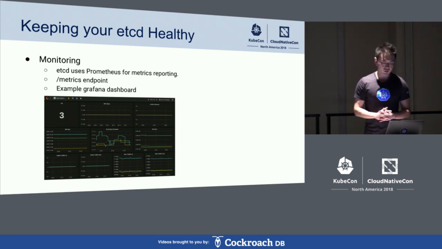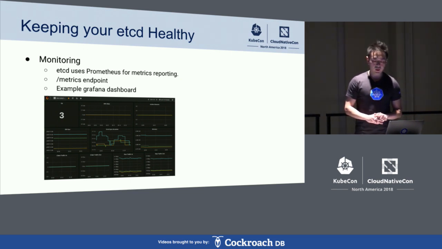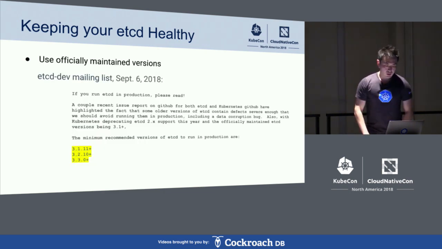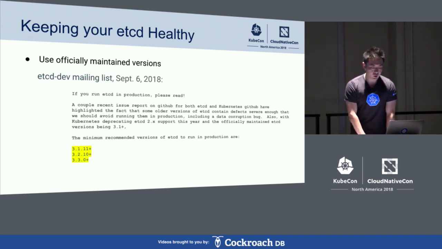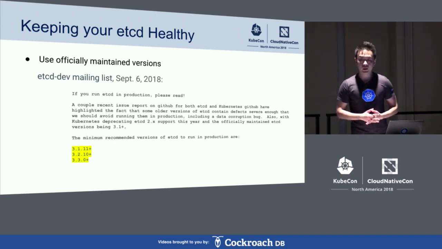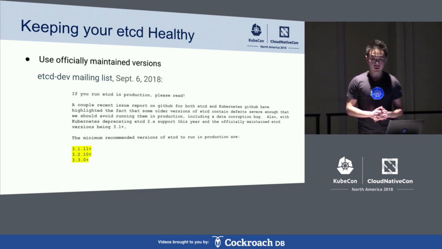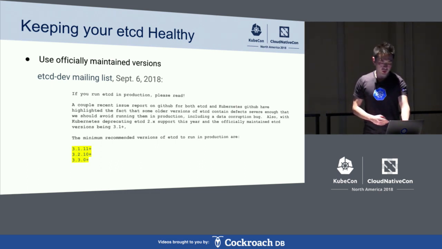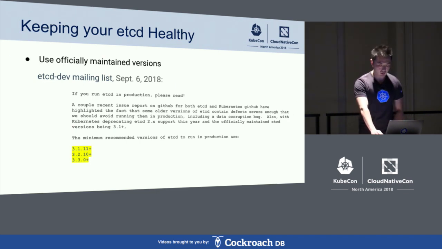We recommend that you monitor these metrics carefully, maybe select the ones that are most important to you and create a dashboard like this. We also recommend that you use the officially maintained versions. We're currently maintaining 3 minor versions, 3.1, 3.2, and 3.3. And there is a minimum recommended version sent to the etcd dev mailing list earlier this year.